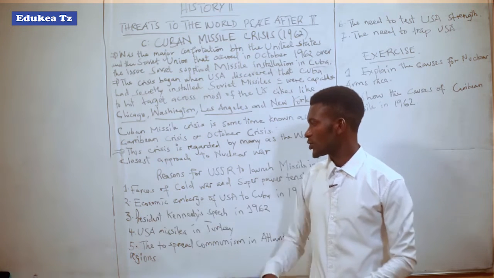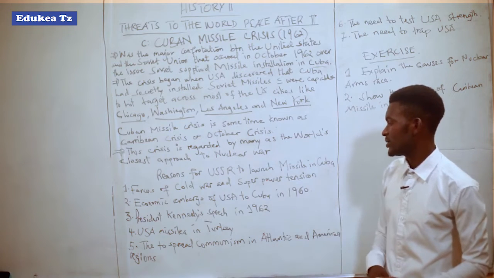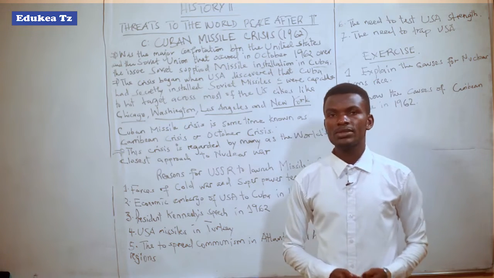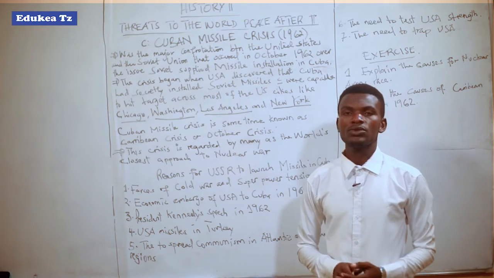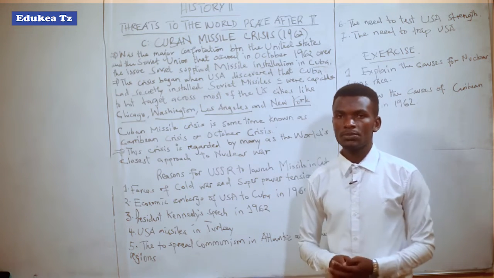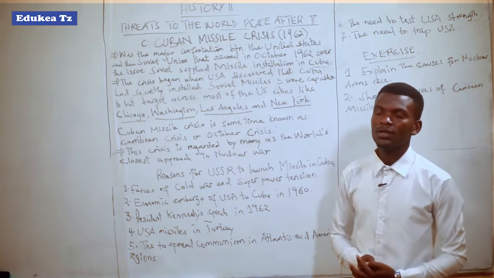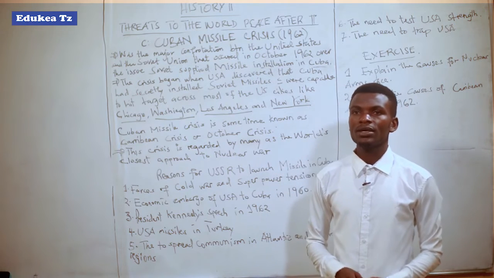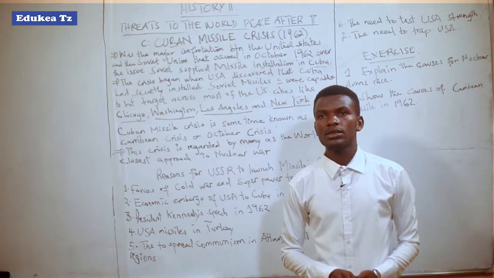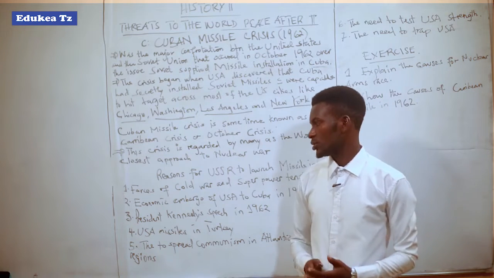Another factor was the economic embargo of USA on Cuba in 1960. This was the economic difficulty pressed by USA on Cuba when Fidel Castro of Cuba declared that Cuba had become a communist nation.